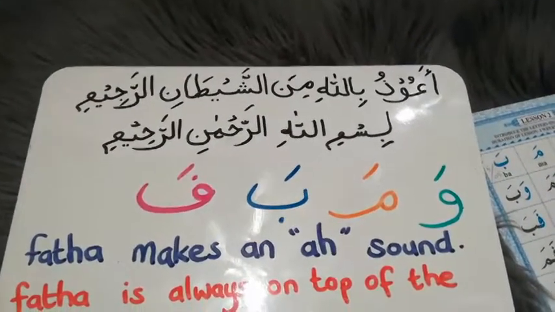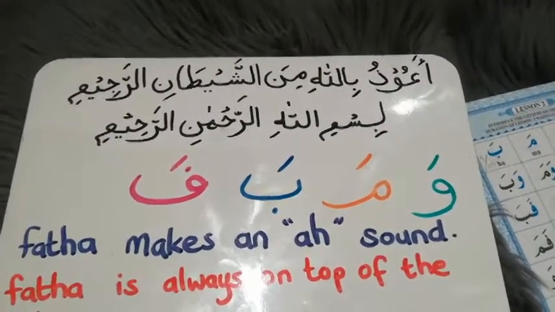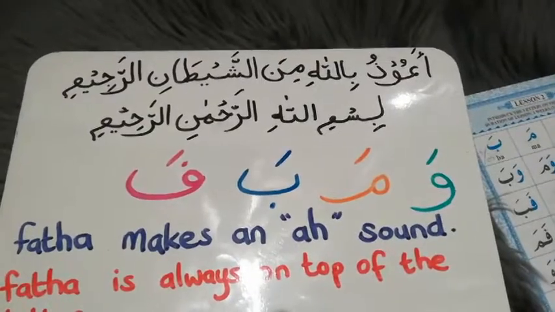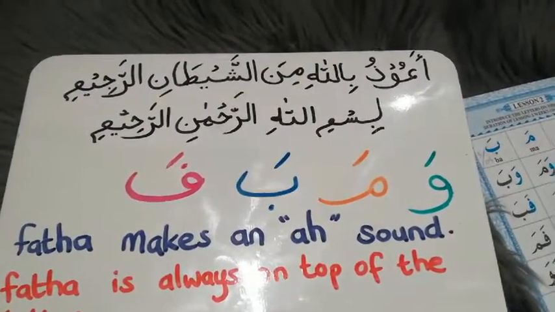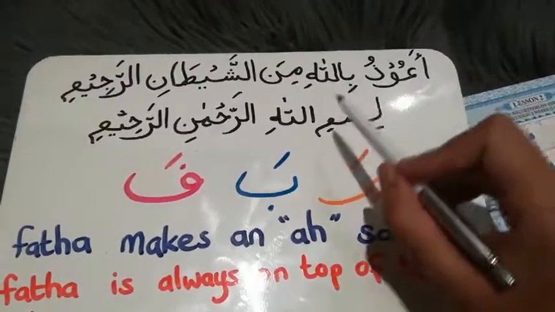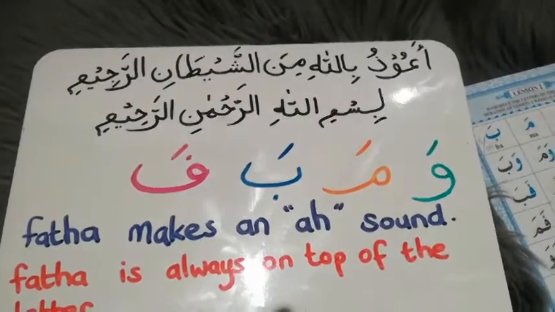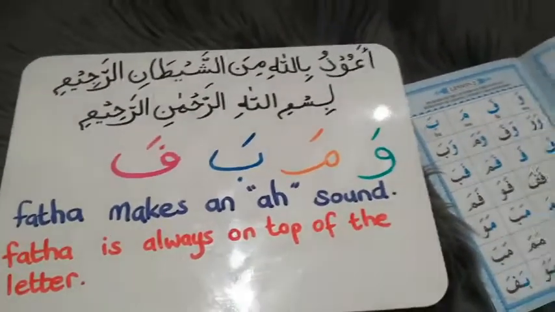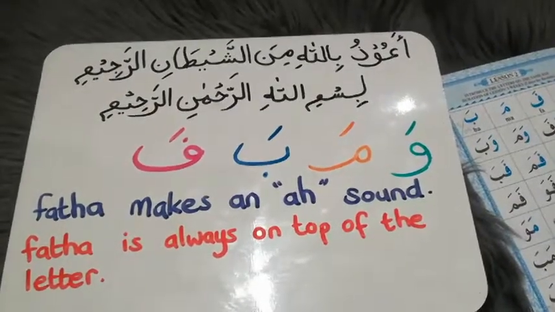Right, so that is how you identify, that means you find all the fathas. When we learn the kasra and the dhamma and the sakin and the tashdid, we will go looking for them and identifying them in our ta'awudh and tasmiyah. So for now, we are only focusing on the fatha, which makes the "a" sound.